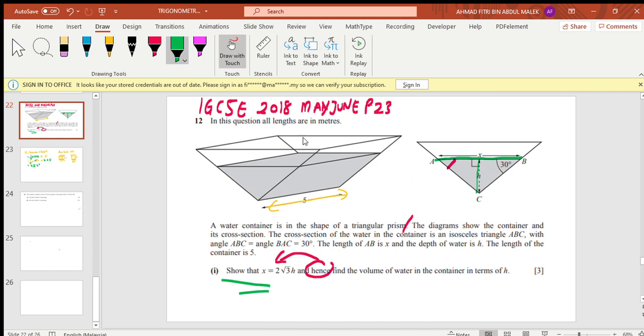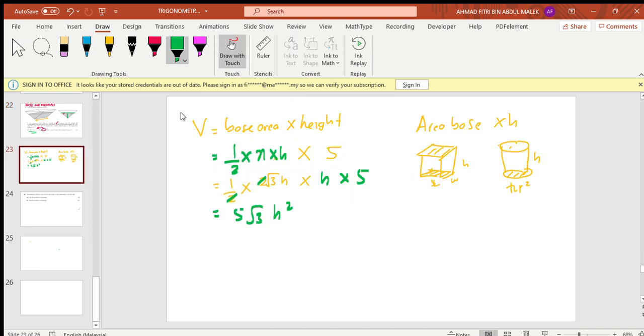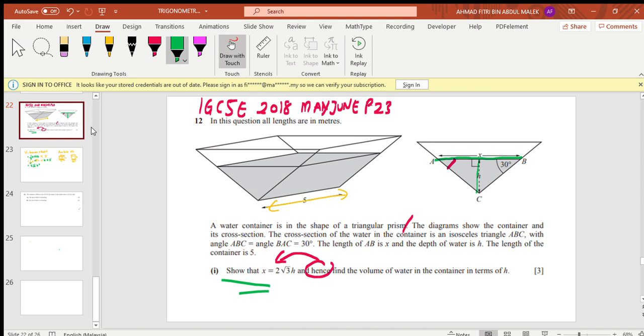I am explaining again why I do this part first. Students always give away marks. When they see a proving question, they leave the question behind. Sometimes the question here is much easier than the proof, so I showed the second part first, using the information here.